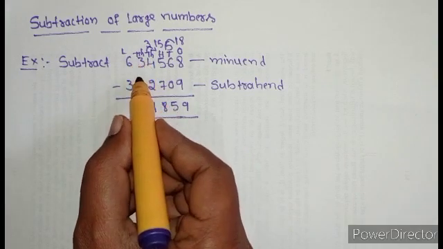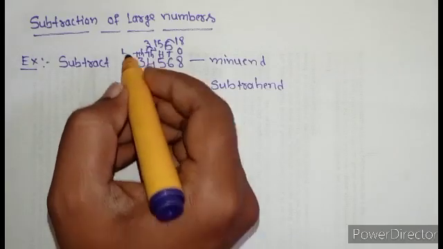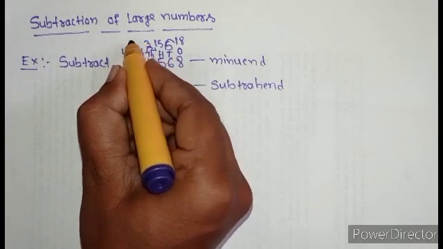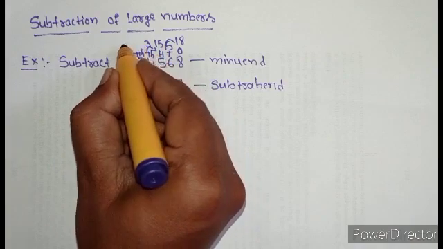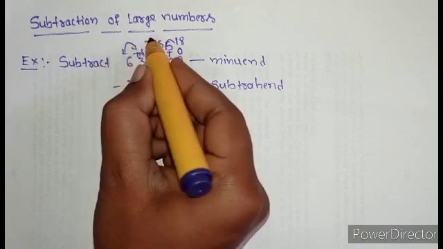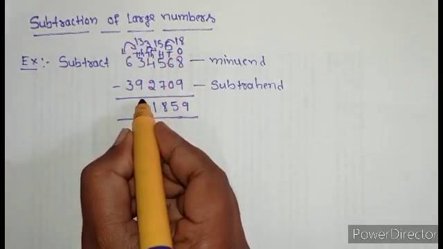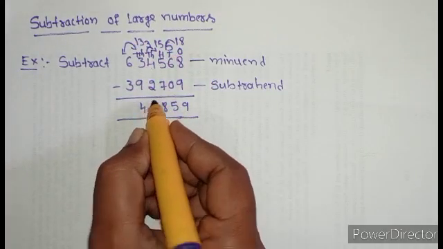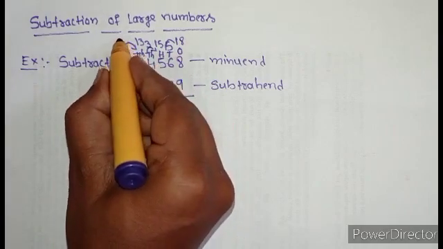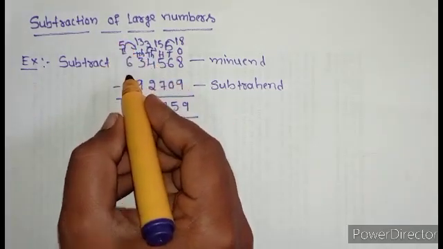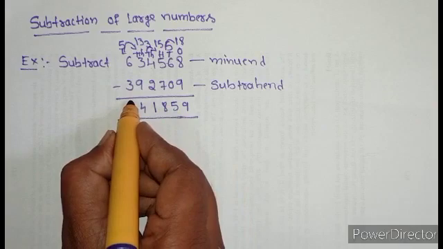From 3 we can't subtract 9, right? So take one borrow from 6. Now it will become 13, right? 13 minus 9, how much? 4. Write 4 here. Here 6 will become 5. 5 minus 3, how much? 2.